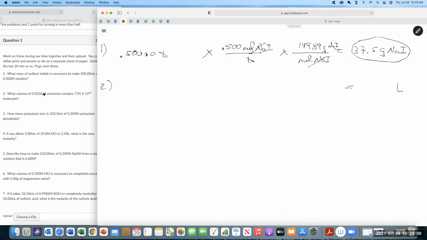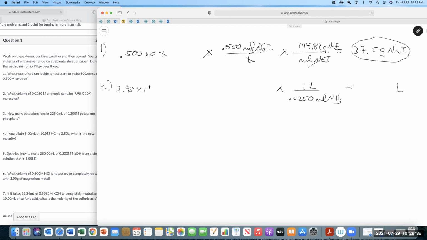And since we chose liters, we know we're going to use the molarity, but we're going to flip it over. 1 liter is 0.0250 moles of ammonia. Now, to make moles go away, we can use molar mass or we can use Avogadro's number. Which one should we use? Well, because we have molecules, we should use Avogadro's number.